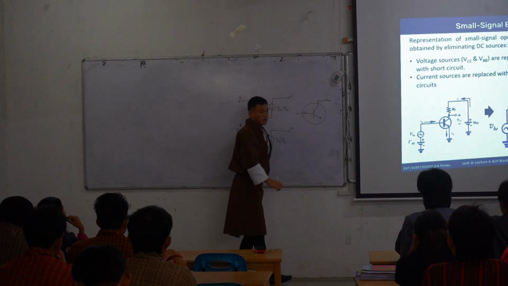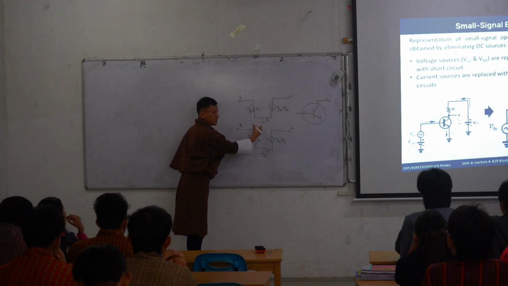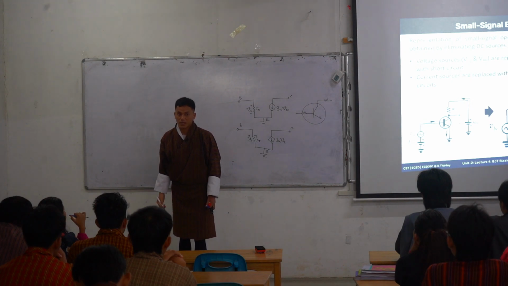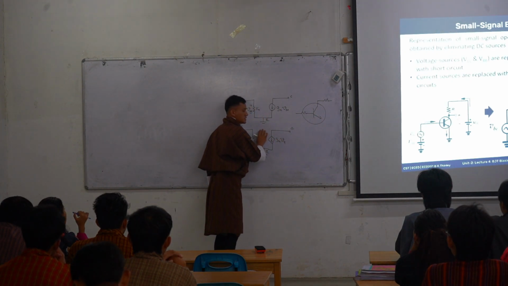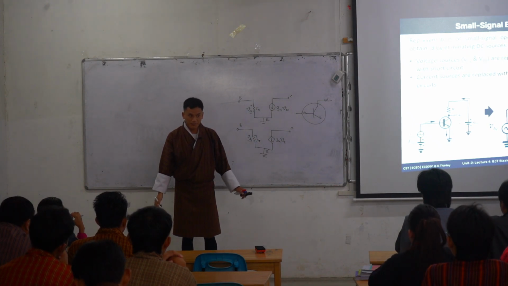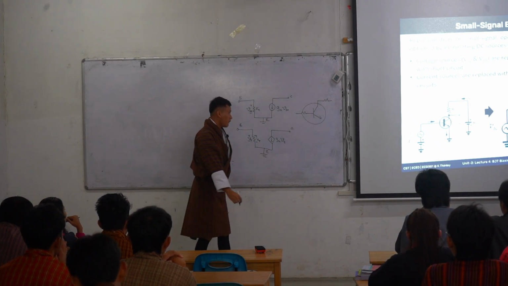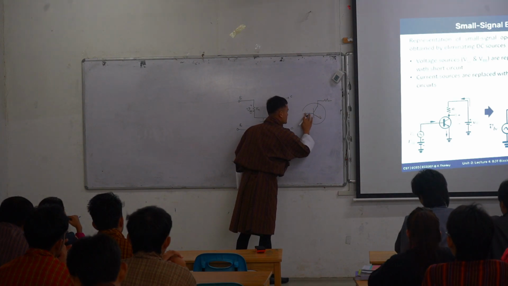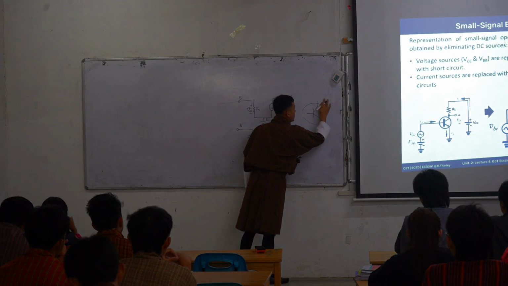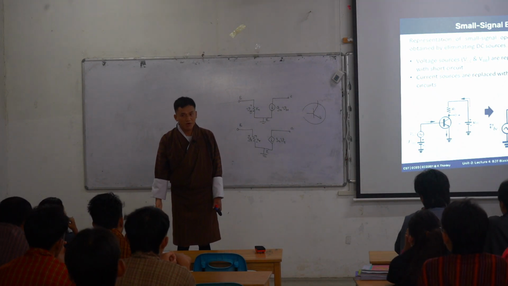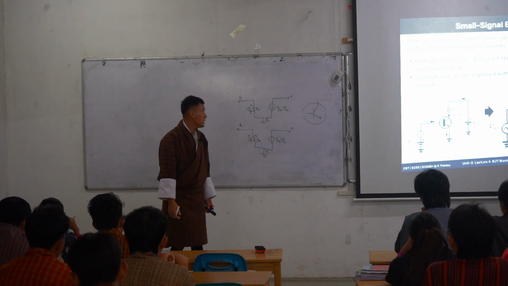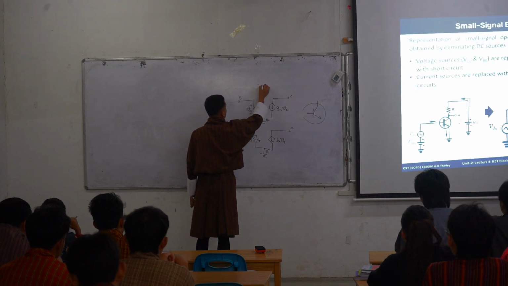If there is one resistor over here, we haven't included it in this particular circuit for now. If you need to include these two, then this circuit will change. For now, we are just representing the symbol of a transistor in small signal form, which is in the form of the pi model.